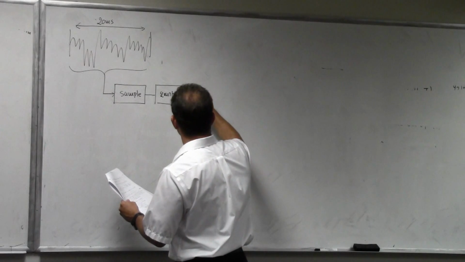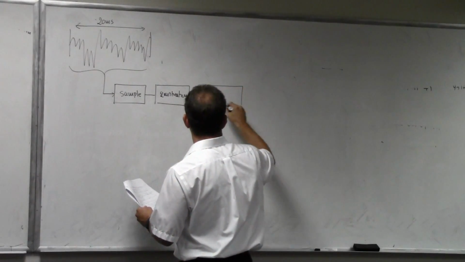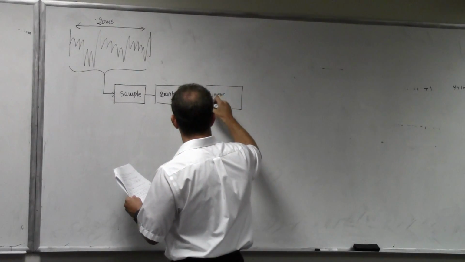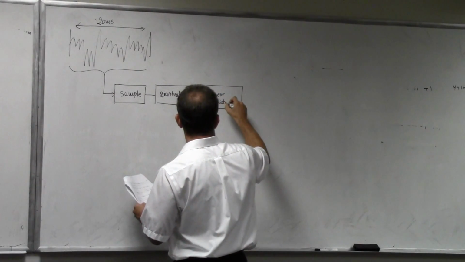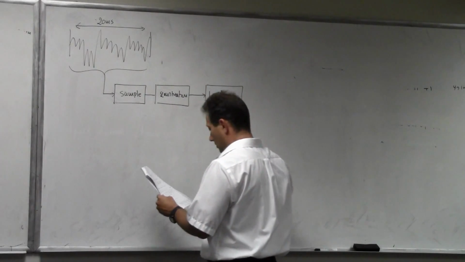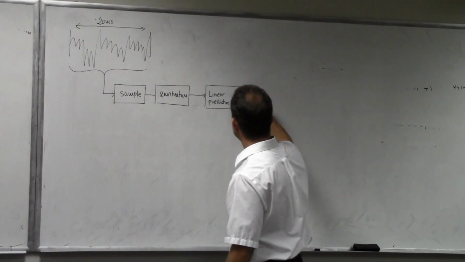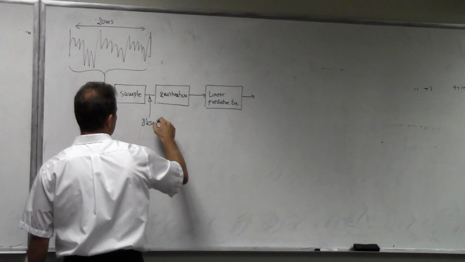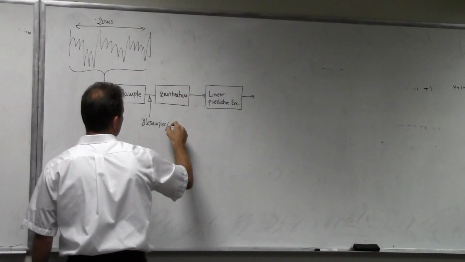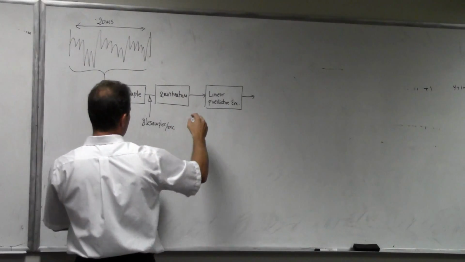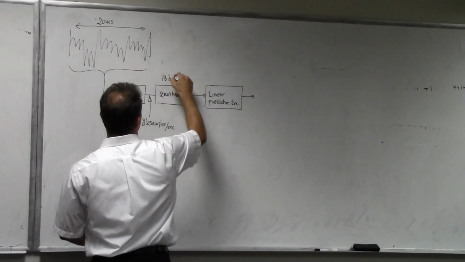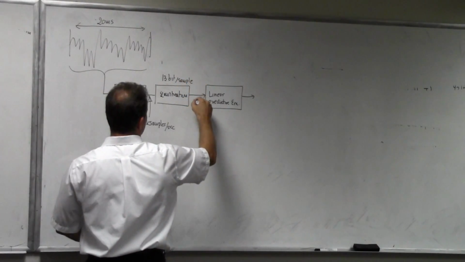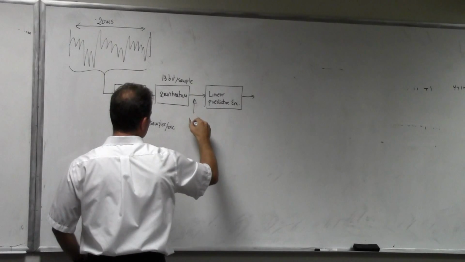And then what we have here is we feed this into a linear predictive encoder. So here's how this works. At this point, you have 8 kilosamples per second. Usually, if you use 13 bits per sample, then you end up here with 104 kilobits per second.